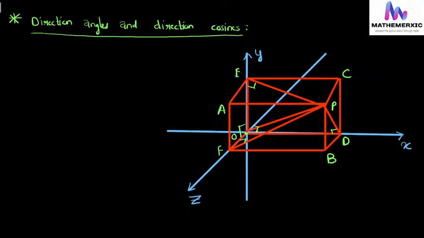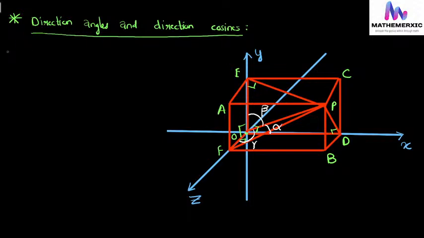Okay, and the same OP makes an angle with the x-axis also, that is this angle is alpha, and it makes an angle with the y-axis also, that is beta.